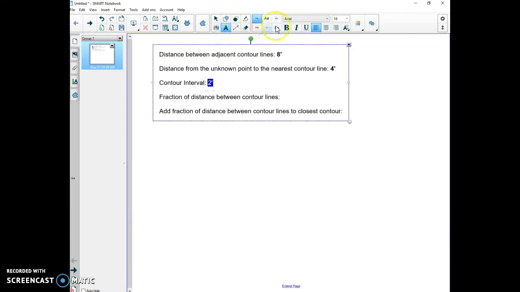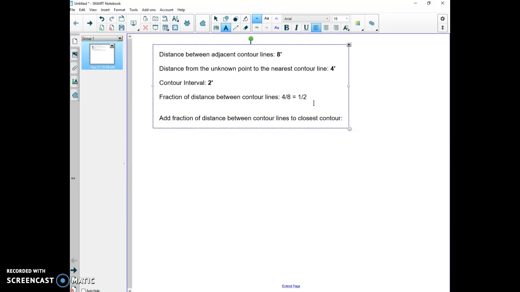And then the fraction of the distance between the contour lines, again, this is where you're going to take the distance from the unknown point, the 4, and you're going to put it over the distance between the adjacent contour lines, which is 8, and that's reduced down to 1/2. Then we're going to multiply that 1/2 by the contour interval.